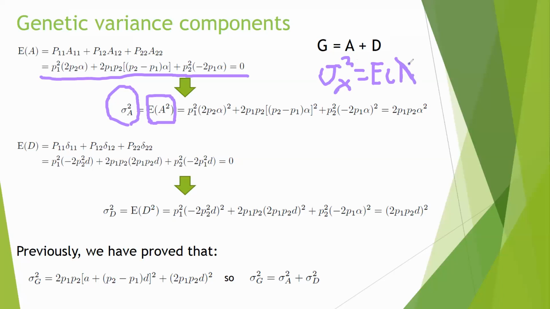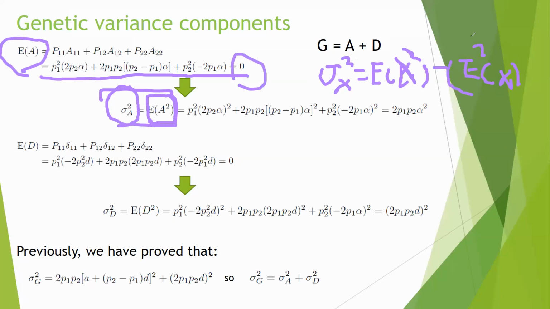E(x squared) minus the square of the expectation of x. Yeah, this is the formula. But why is this like this? Because we have already calculated E(A), the expectation of the breeding value, equals 0. So this term equals 0, so it's gone. So we only have this, right? Okay.